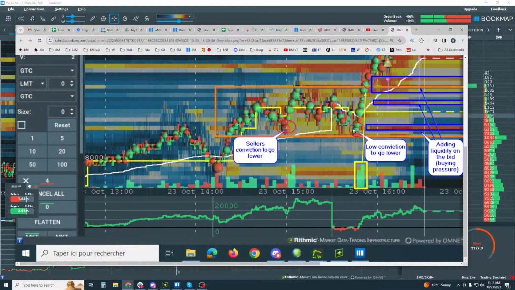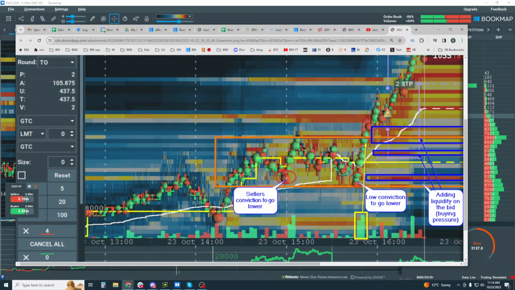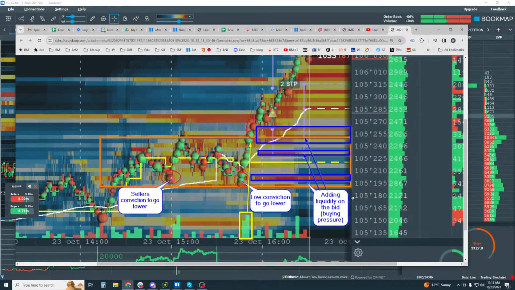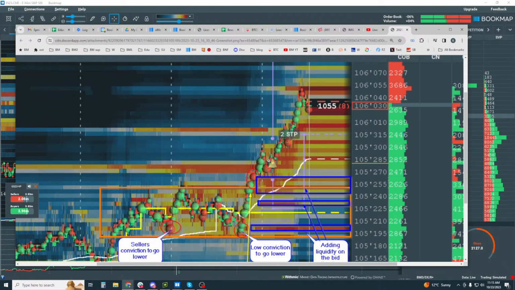He's noticing that. He's marking it up. Look at the volume here. Okay, so you can even see he's taking positions in here as well. He's looking for this follow through to the upside. Look, they're adding liquidity underneath here on the bid. Okay, great. He's looking for this to go higher, right?